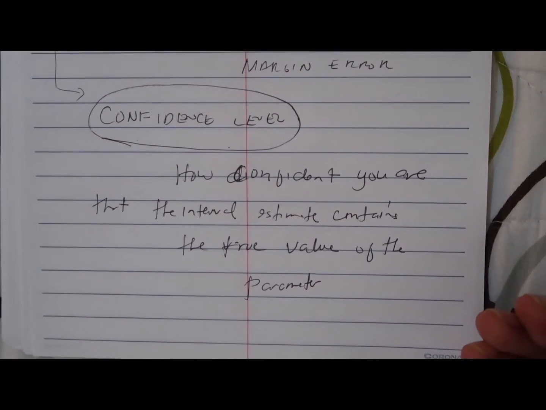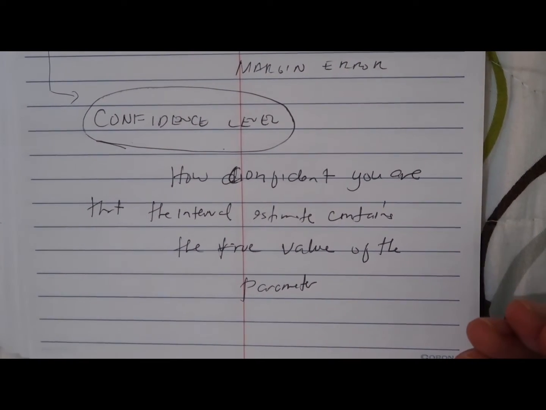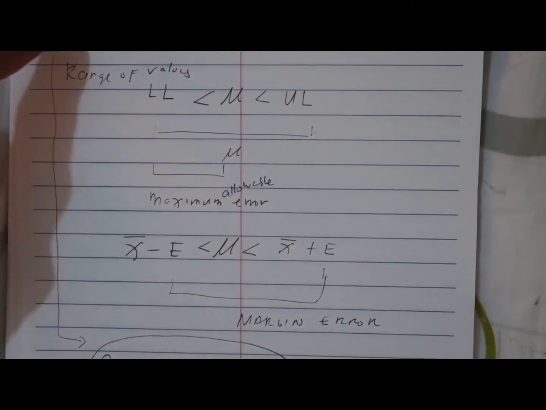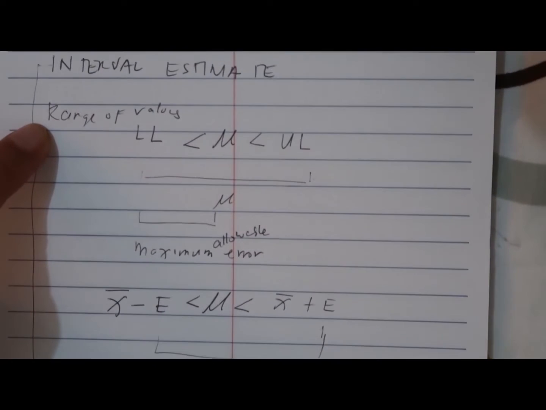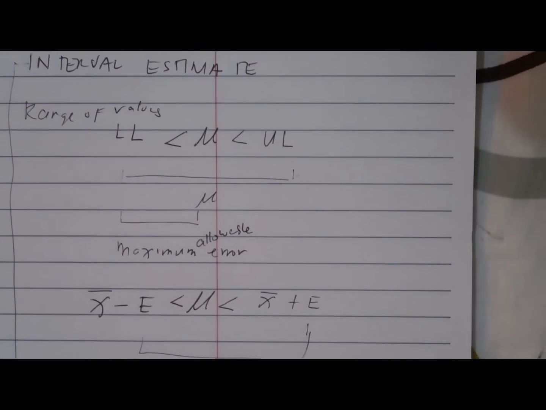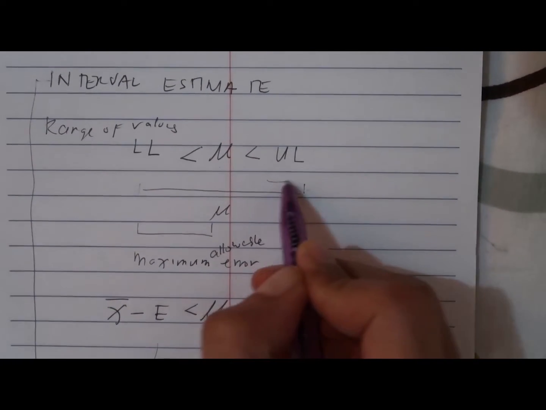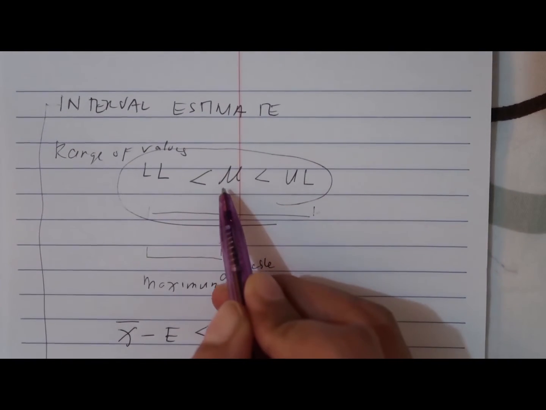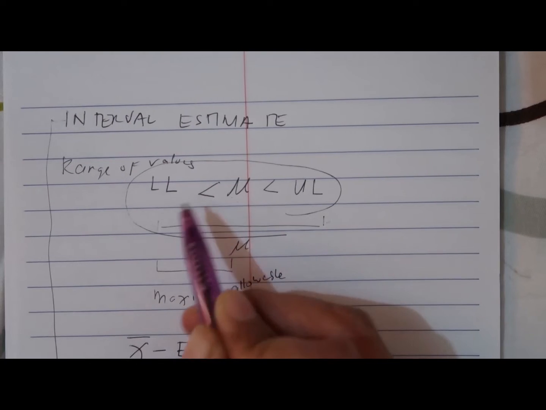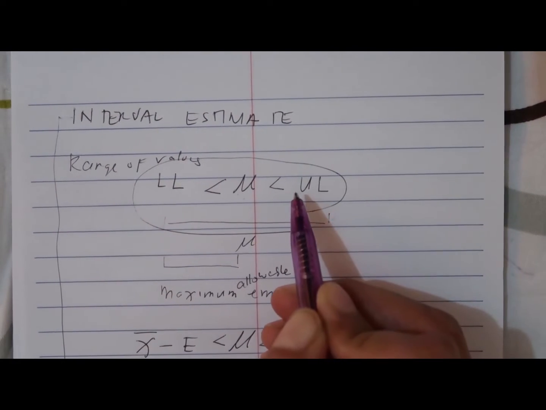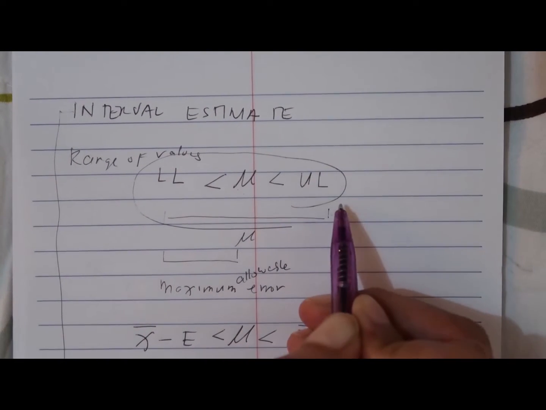Again, the second point on parameter estimation is the interval estimate. To determine the interval estimate, we need to come up with a range of values. That would be the population mu is greater than the lower limit but less than the upper limit.